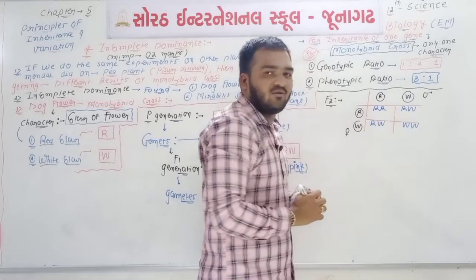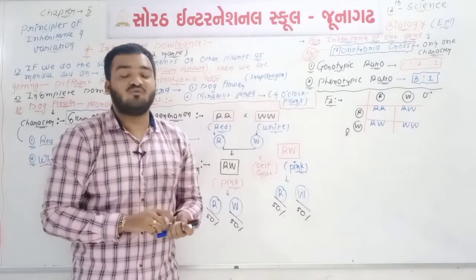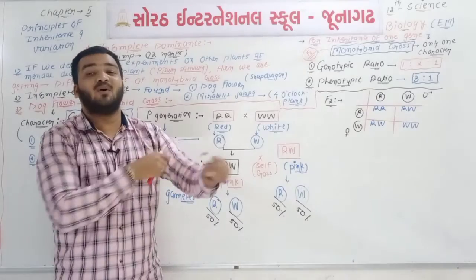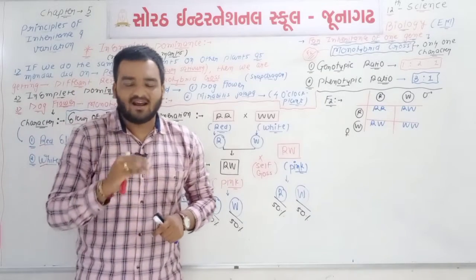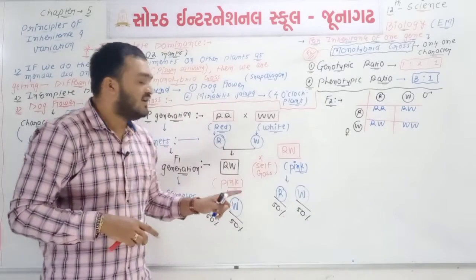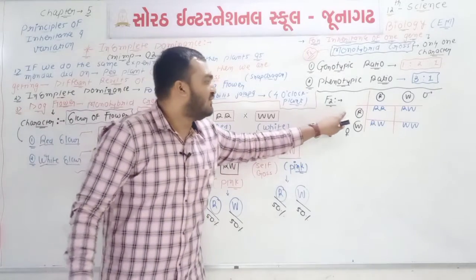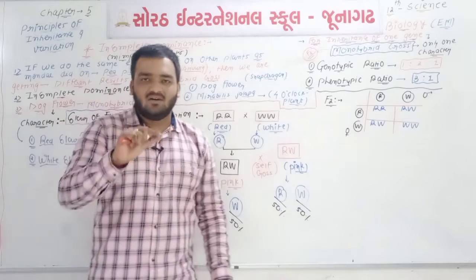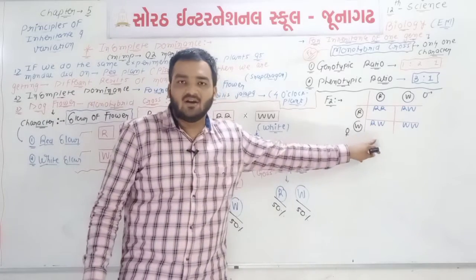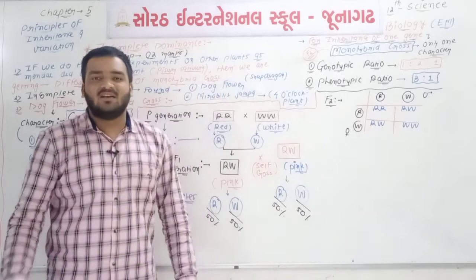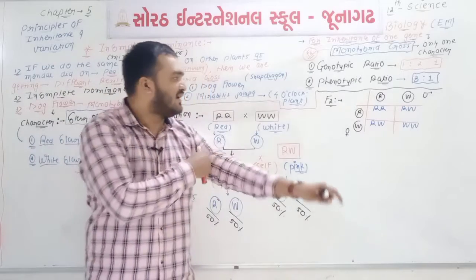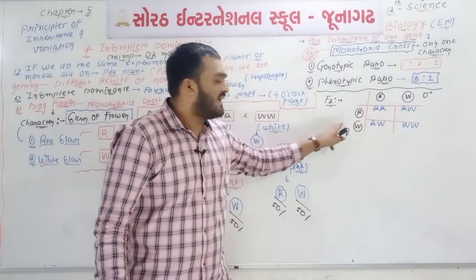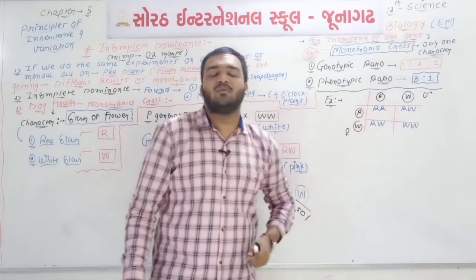These all four are one type of genotype. See why we are getting only 4 genotypes? Because you know that the number of possible genotypes is equal to the number of male gametes multiplied by the number of female gametes. It is one equation.